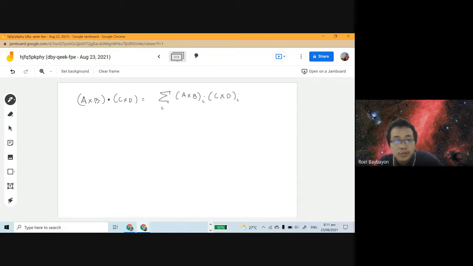The summation is in terms of i. By definition, a dot product is just A_i times B_i, vector A_i times vector B_i, and so on.